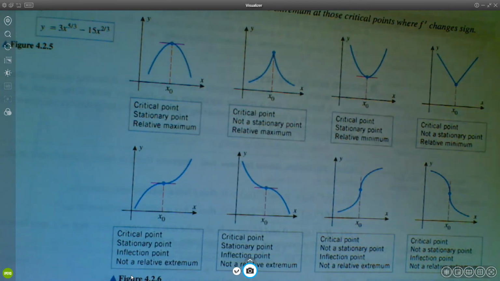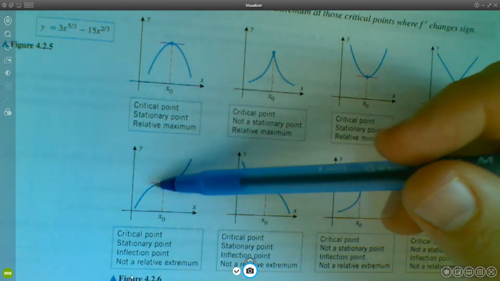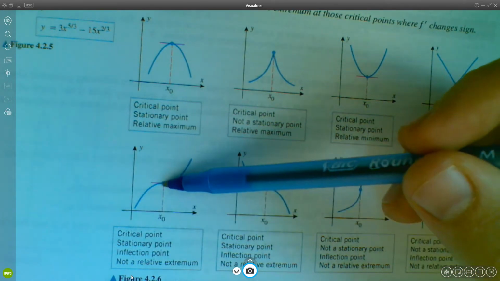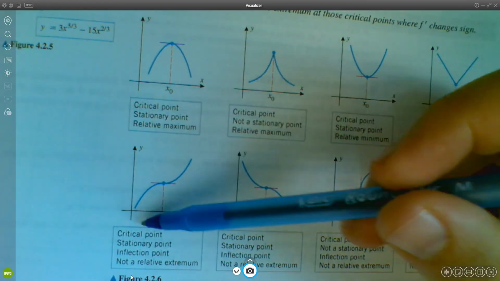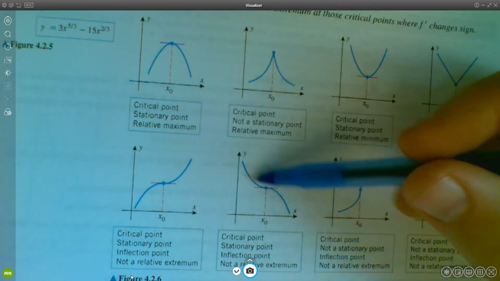But you can have stationary points like this, where the derivative is 0, but nevertheless that point is not a relative extremum. It's not a relative minimum or a maximum. And same way here.